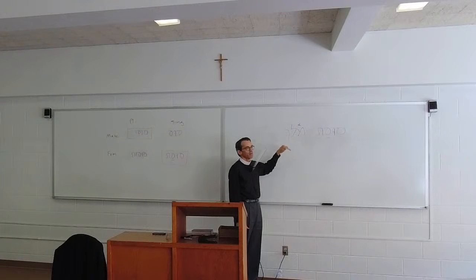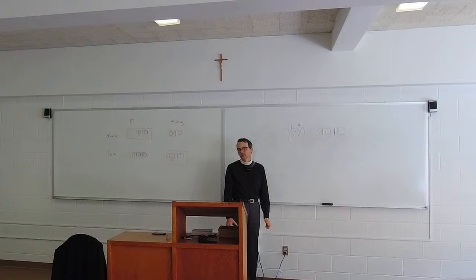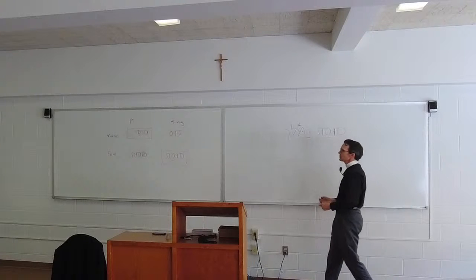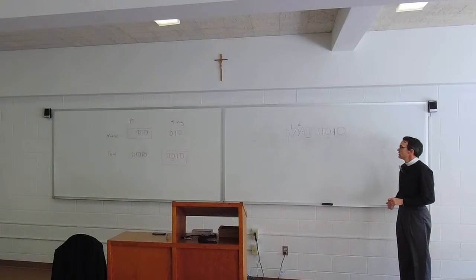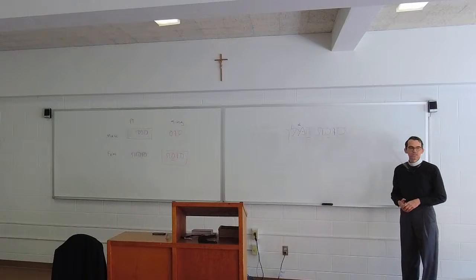A horse of a king. All right? So if we want to make it definite, we could add the definite article. Susata melech. That would be the horse of the king. The whole thing is definite now because I added that definite article.